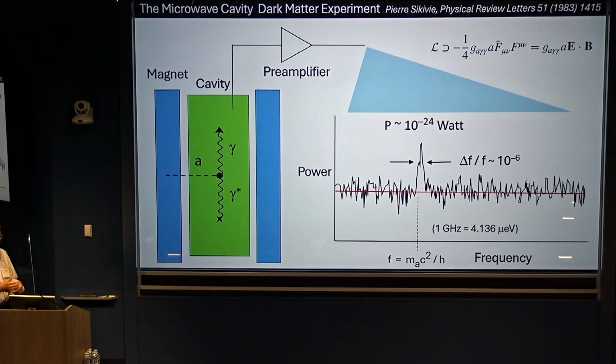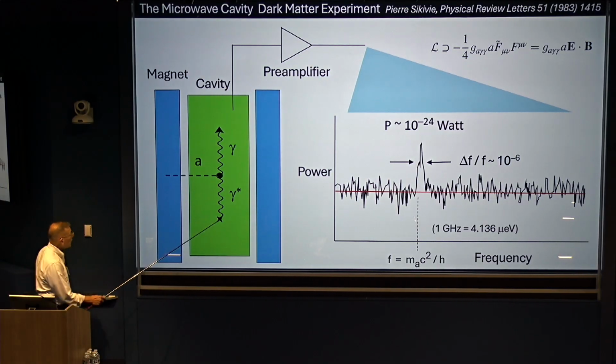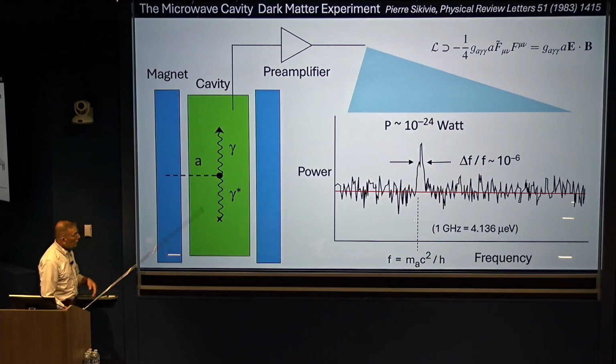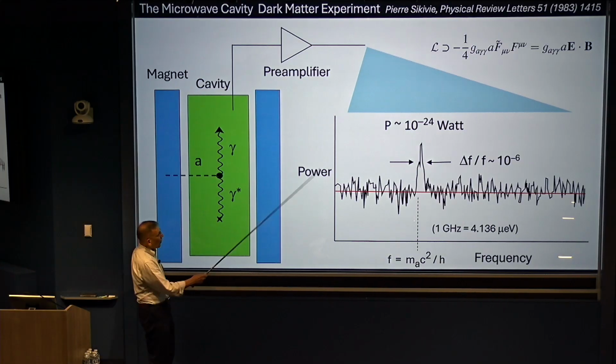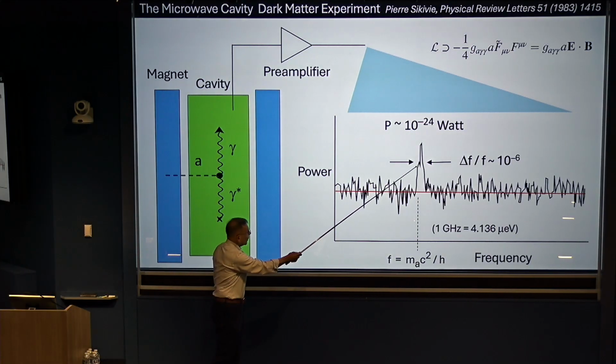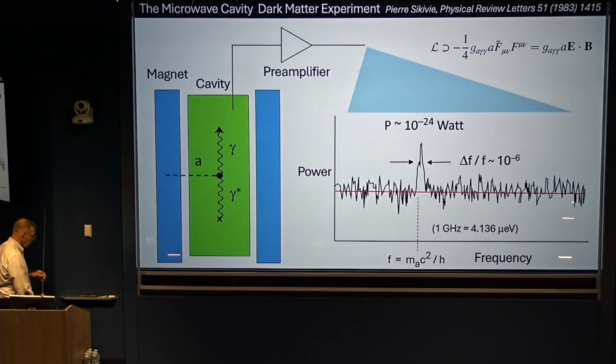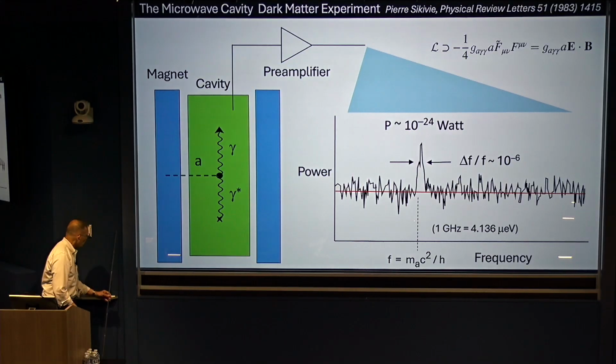It is basically a very sophisticated radio receiver where one has a high-quality factor microwave cavity inside a very strong magnetic field, and then a state-of-the-art preamplifier to look for a very weak signal on the order of a yoctowatt, quasi-monochromatic, narrow to about 1 part in a million, above background.